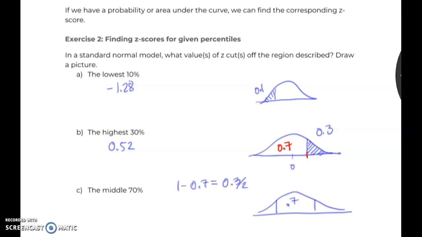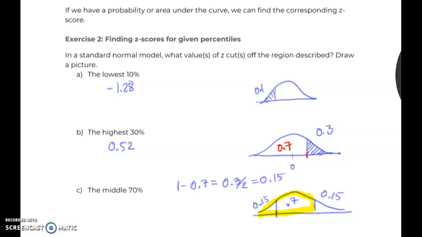If we divide that into two parts, we end up with 15% or 0.15 in each one of the tail regions. And so if we find our value for 0.15, that's going to give us that lower z-score. And then if we add 0.15 and 0.7 together, that would give us the value for the upper value.